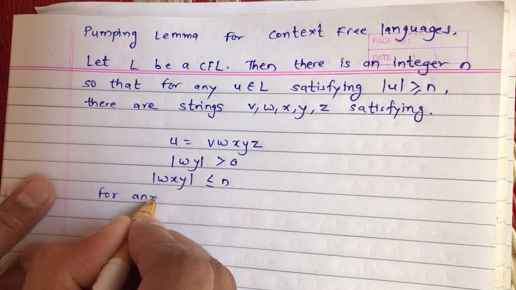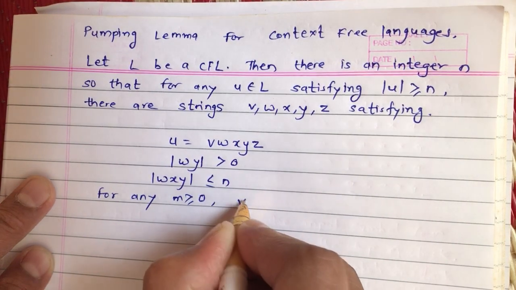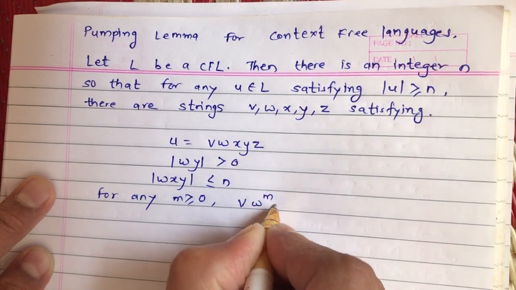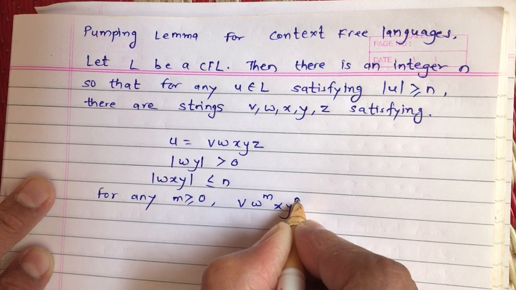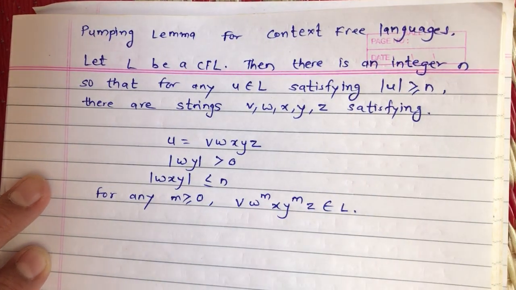Then for any m greater than or equal to 0, v w^m x y^m z also belongs to that language.